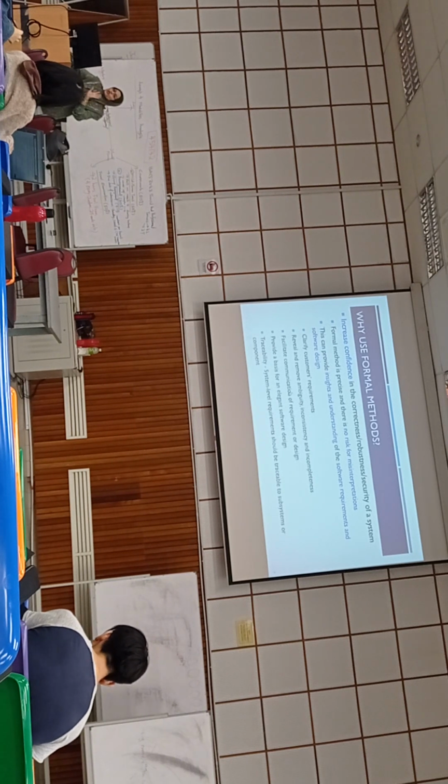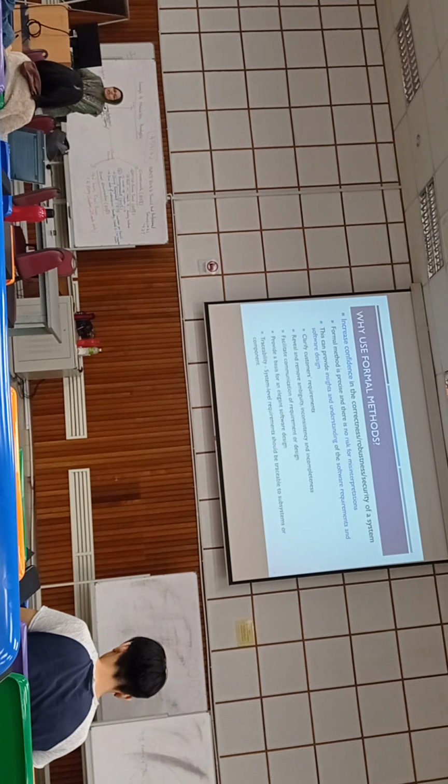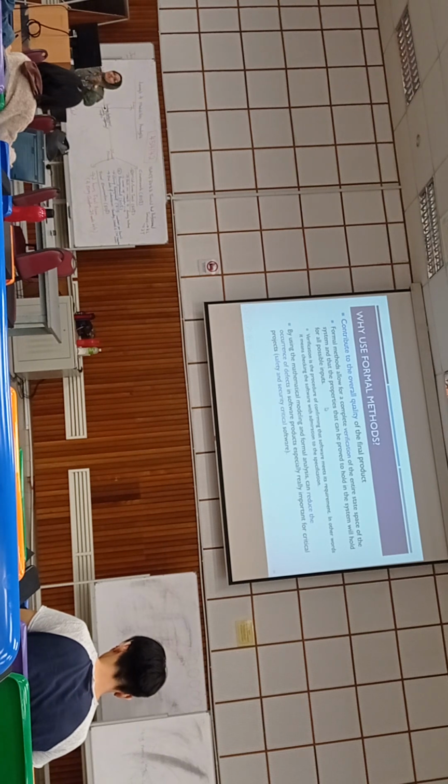Okay, so you can also do all these things, provide understanding and so on. That is one of the usefulness of formal methods. Another one, and this one is general, as I didn't say specifically one formal method, is overall quality. Remember, our aim for software engineering is to produce a quality product.